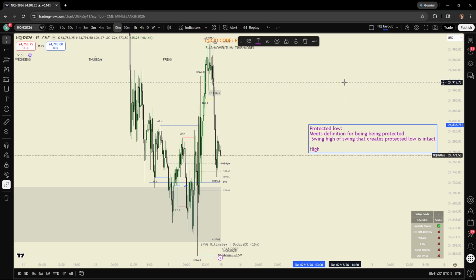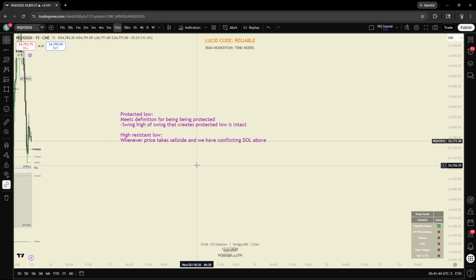High resistant low is whenever price takes sell side and we have conflicting draw. Does that make sense?